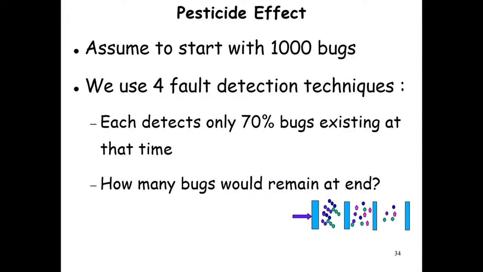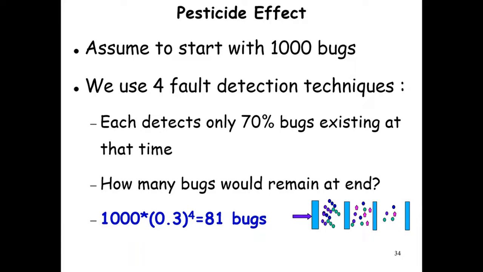Assume we start with 1000 bugs, and we use 4 fault detection techniques. Each detects only 70% of the bugs existing at that time. How many bugs would remain at the end? See, this is 1000 into 0.3 to the power 4, equal to 81 bugs remaining at the end.